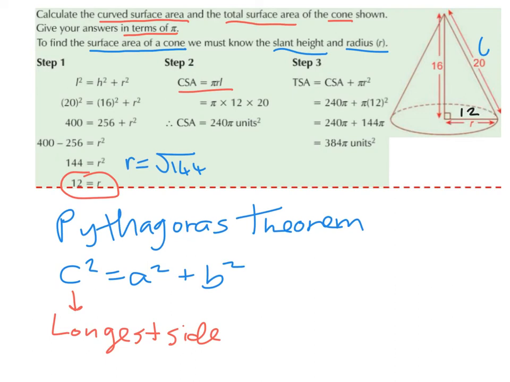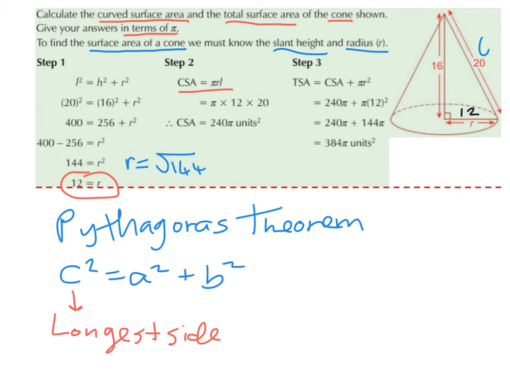So the radius is 12, the slant length is 20. 12 by 20 is 240, and we just stick on the pi because we were told we want our answer in terms of pi. So we don't press S to D on the calculator and get a decimal. We leave it as 240 pi. So that's the curved surface area.